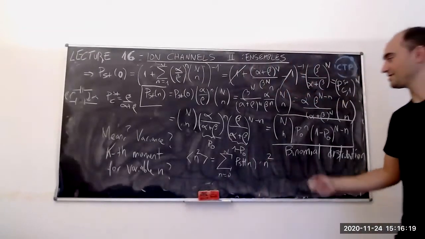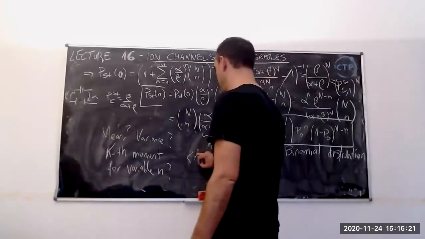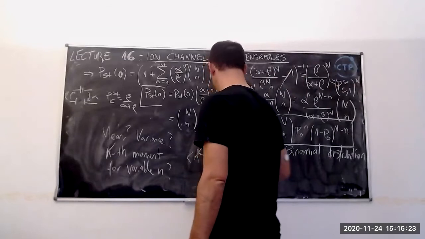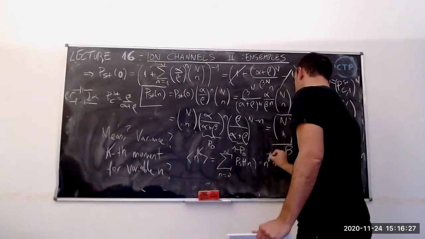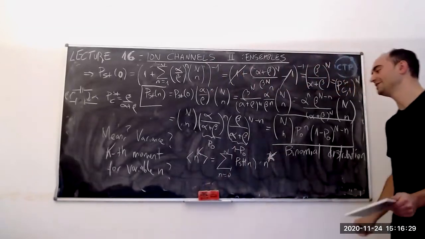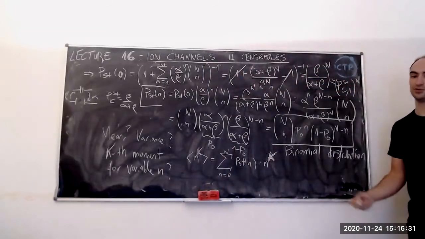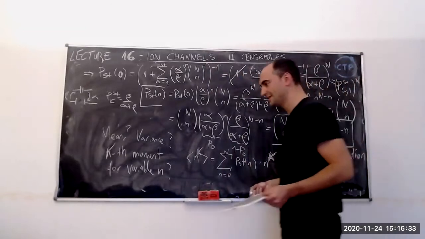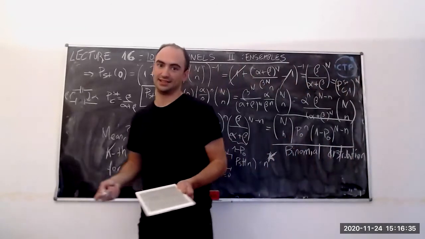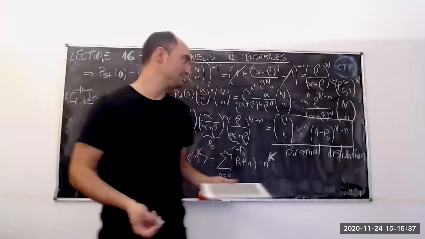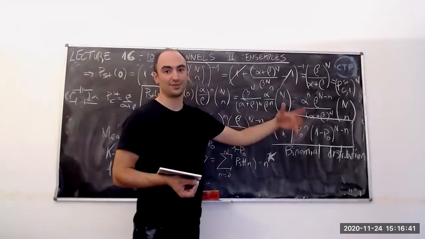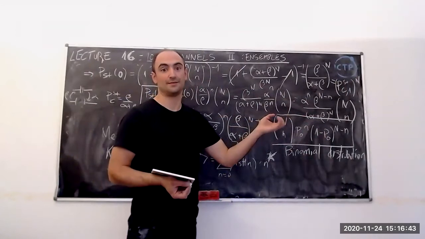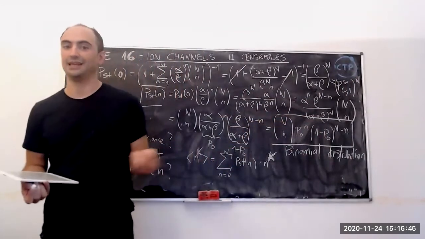The kth moment will be, here we put k. So for example, you want to know the average number of open channels in a cell. You multiply this by n, and you make the sum. You could do this sum by hand.